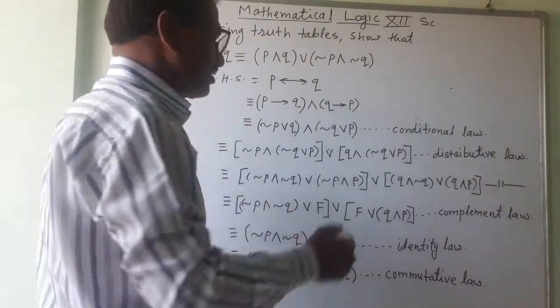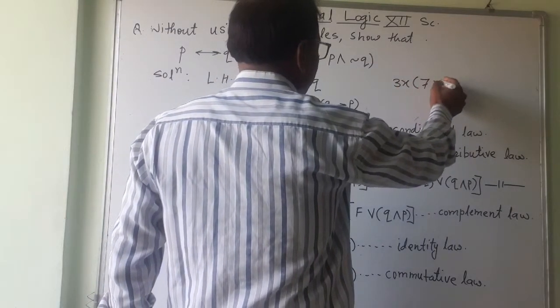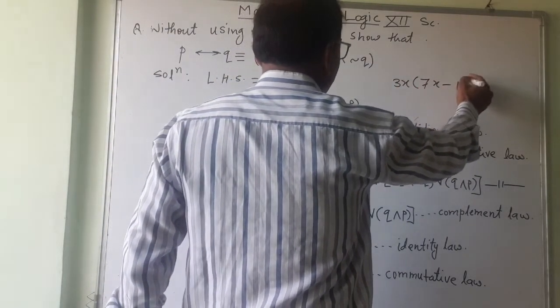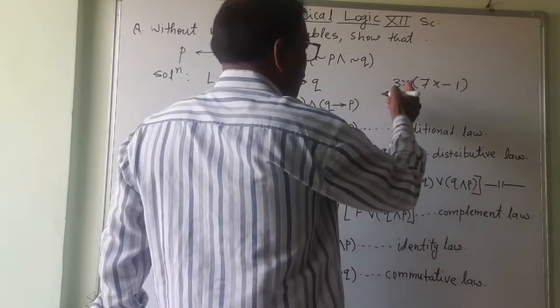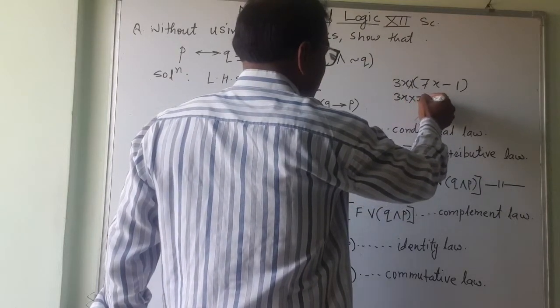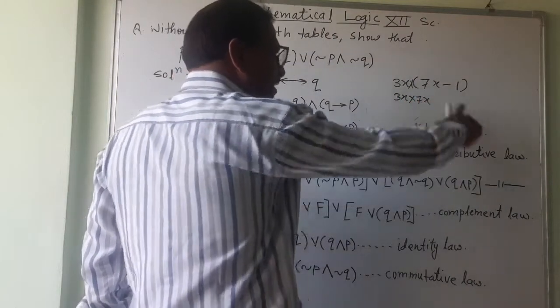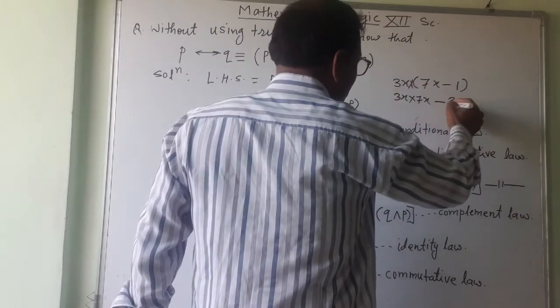It is not difficult. See, 3x into bracket 7x minus 1. Here it is multiplication. What do you do? 3x into 7x, this you do. Then this sign is minus, 3x into 1.